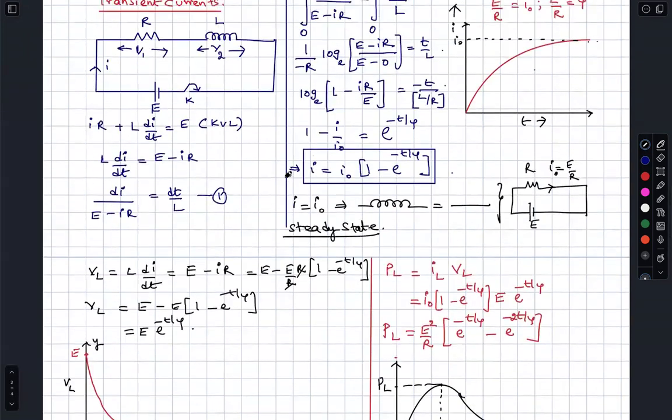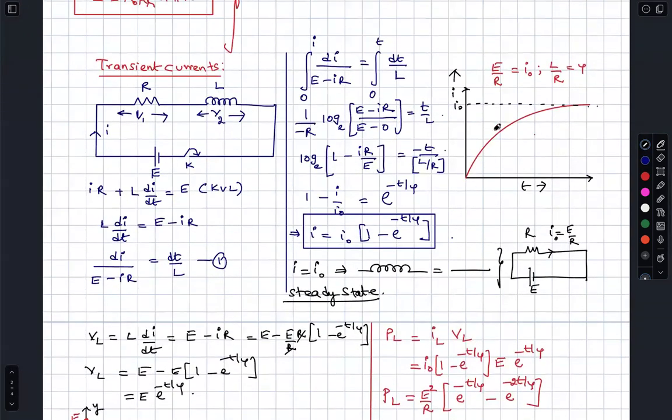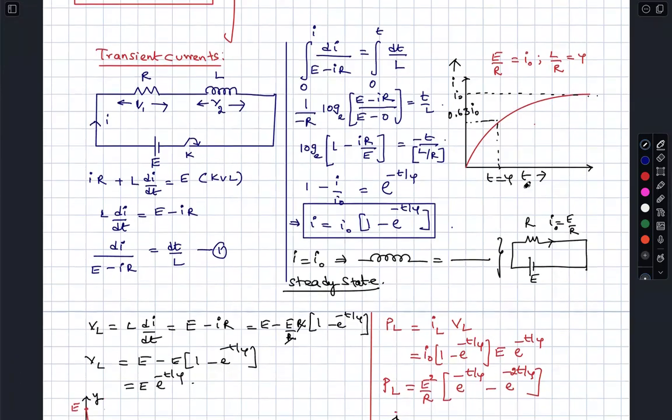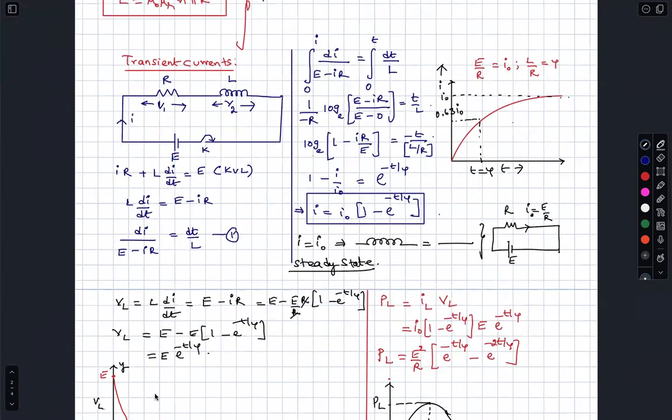For example, to reach 0.63 times the current, you will take one time constant. In one time constant, nearly it will reach 0.63 times of I naught. Okay, right. Any doubt, please ask me.